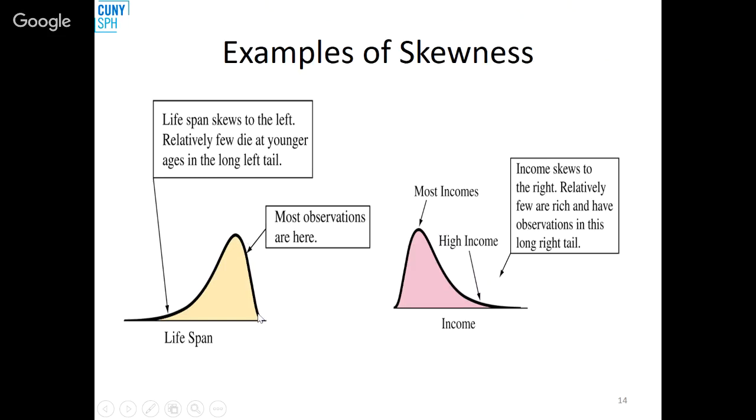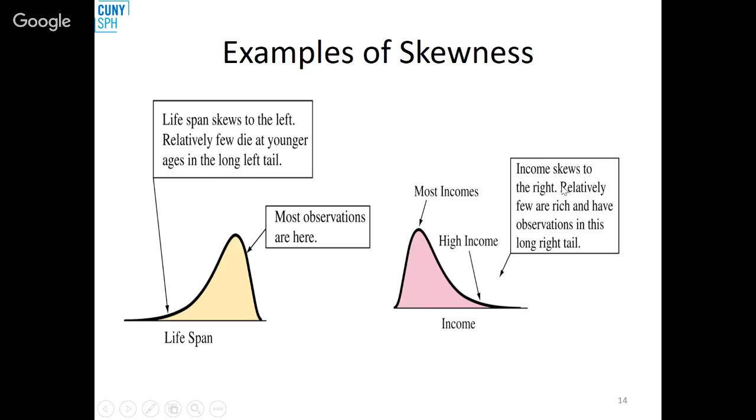You don't live to be too much older than that, but there are occasional deaths of youths due to accidents or other things, and so you have this long tail going out to the left. There are few people dying at very young ages, and the large majority who survive to this typical life expectancy, and then not too much beyond that.